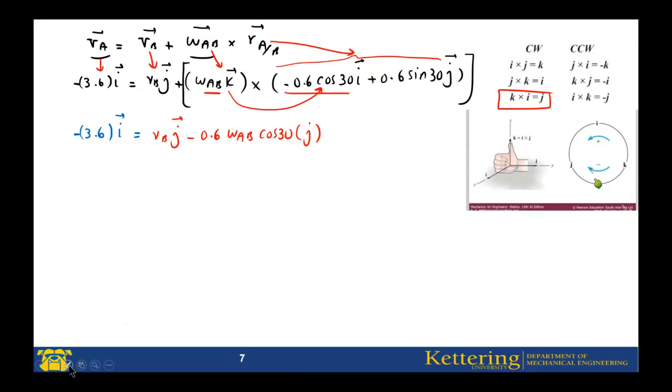The next term is this one. This multiplied by this will be 0.6 omega AB sine 30. K by j is minus i.